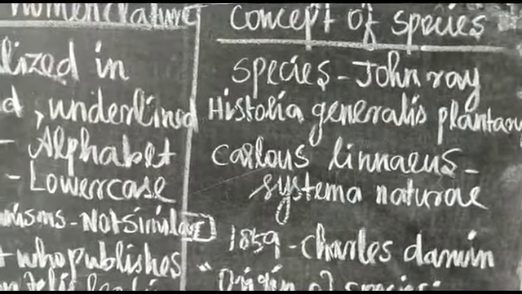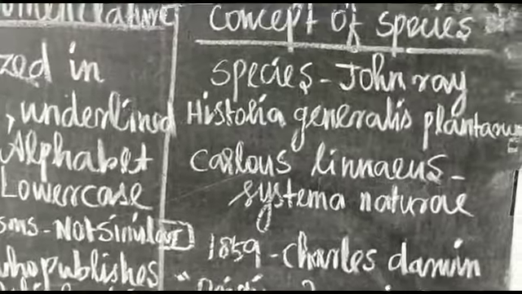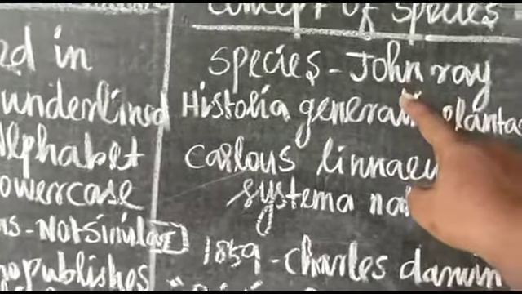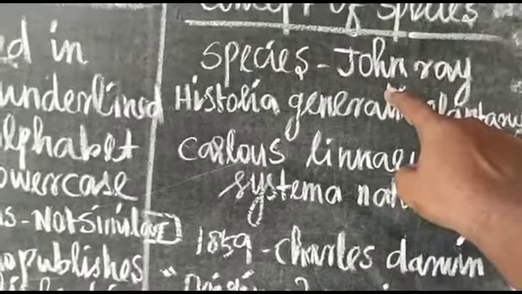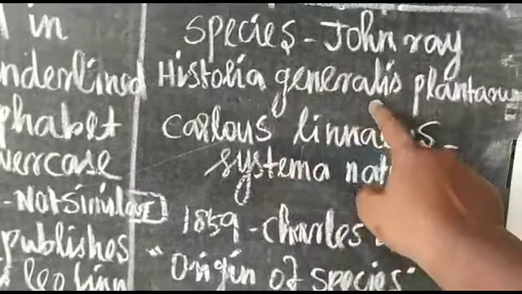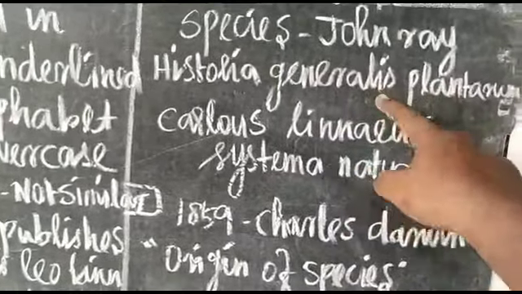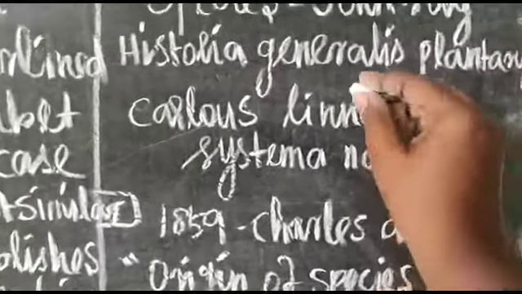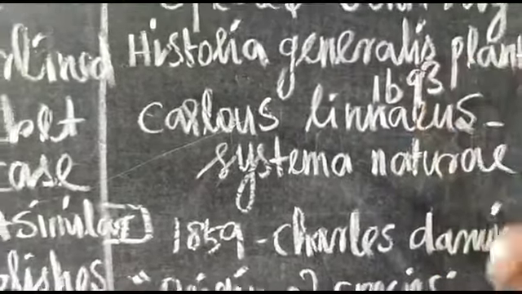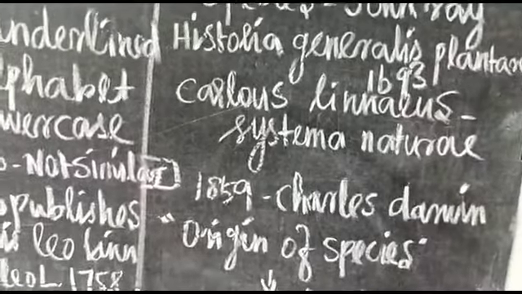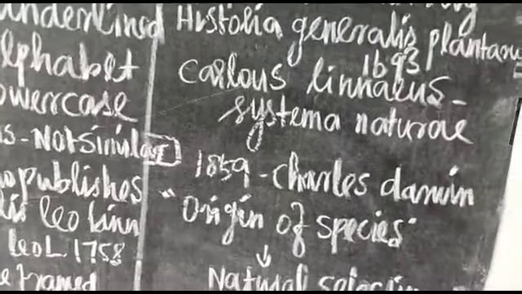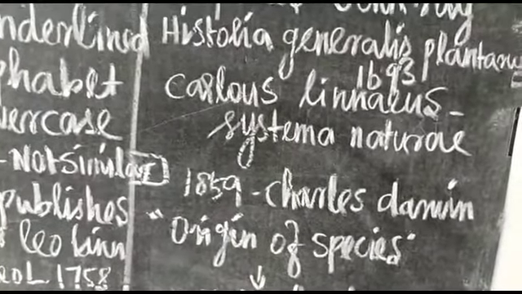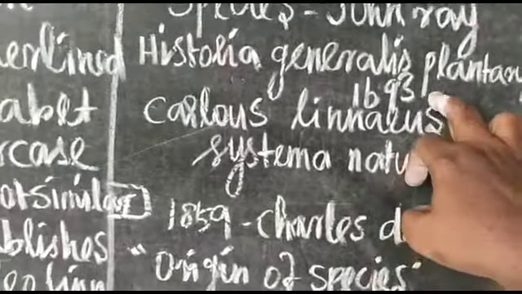Next, the concept of species. The species is the basic unit of classification. The term species was coined by John Ray, who in his book Historia Generalis Plantarum in 1693 described species as a group of morphologically similar organisms arising from a common ancestor.